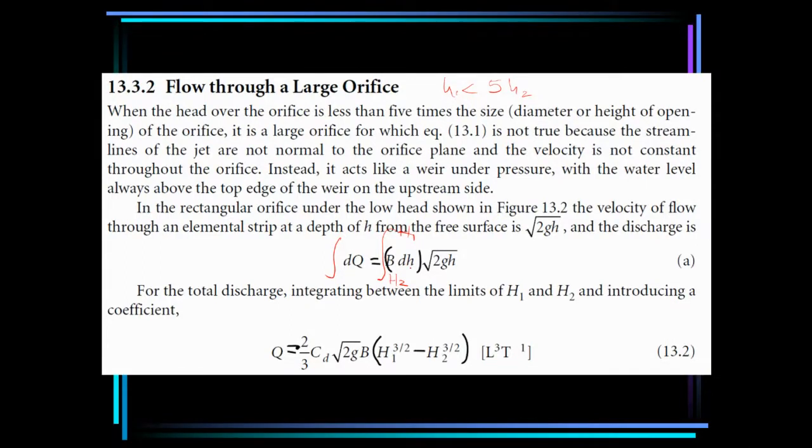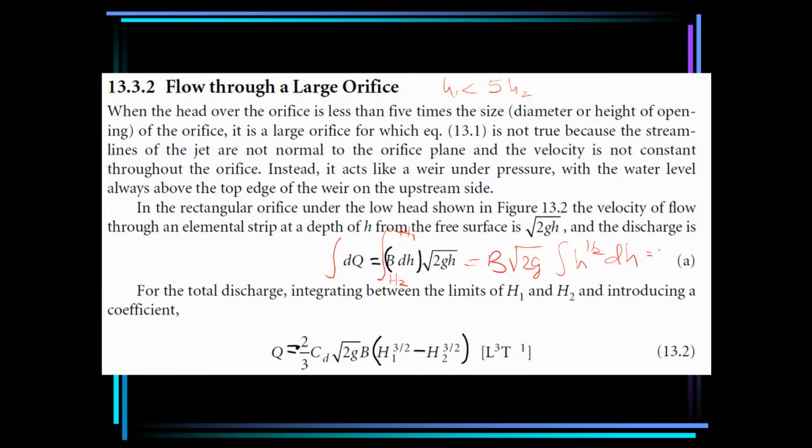It's simply, b is constant, square root of 2g is constant, and the integral of h to the power of half dh: you add 1 to the power and divide by the new power, so it becomes h to the power of 3 over 2.